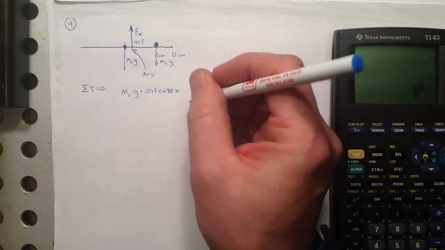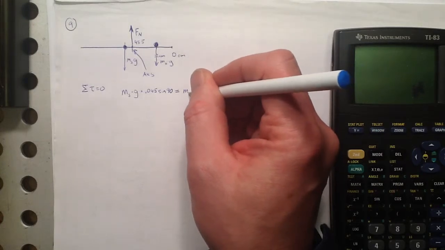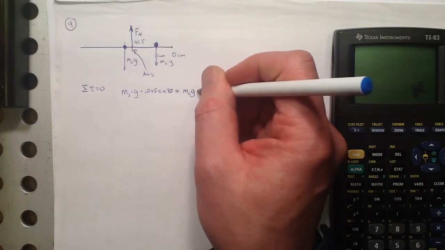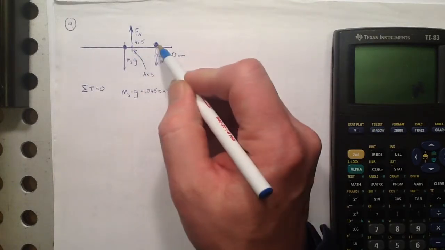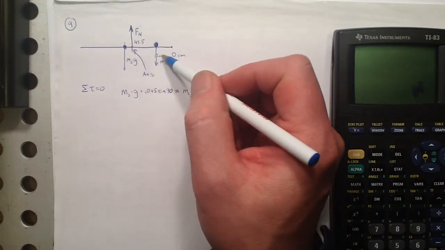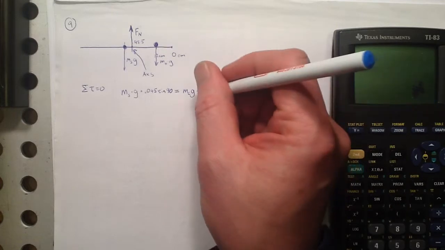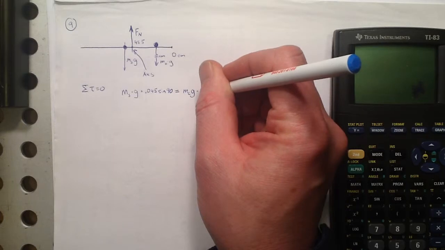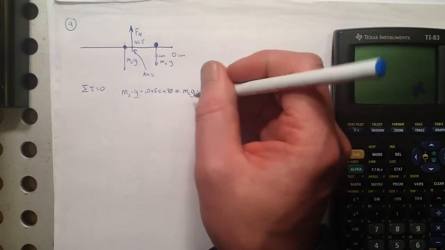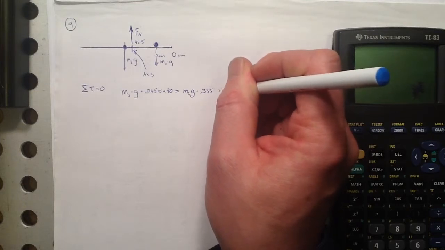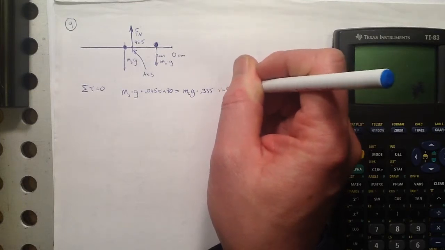So that's mass of the coins, which we know, times g, times the radius. The distance between this and this is 45.5 minus 12. That would be 33.5 centimeters. So 0.335 meters. That's force times radius times the sine of the angle between them, which is again 90 degrees.